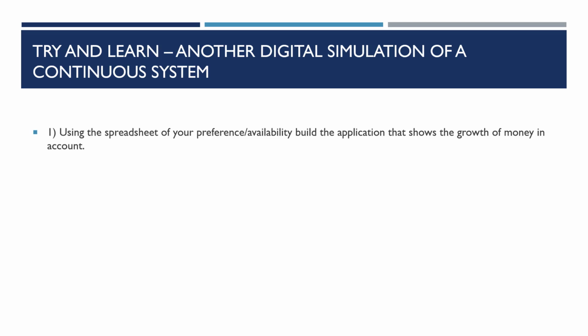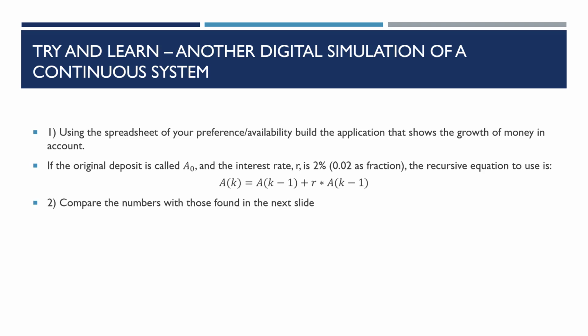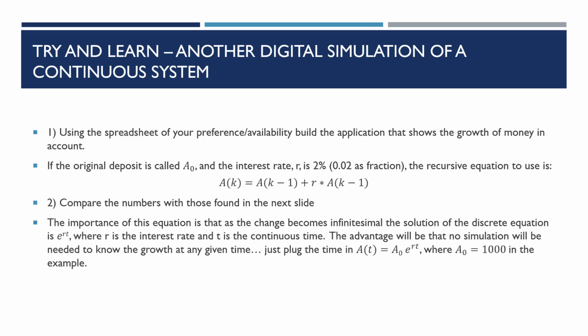As another active learning activity, the learner is invited here to look at this description of a simulation that can also be done for a dynamical system, in this case being the accumulation of money in the bank when the bank is giving us a 2% interest rate, and there is no withdrawal or any other addition of money throughout the entire simulation.